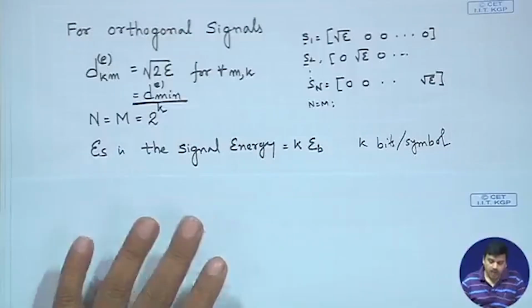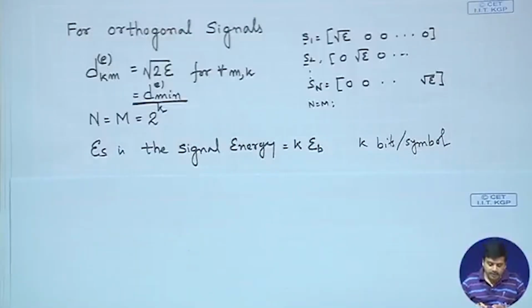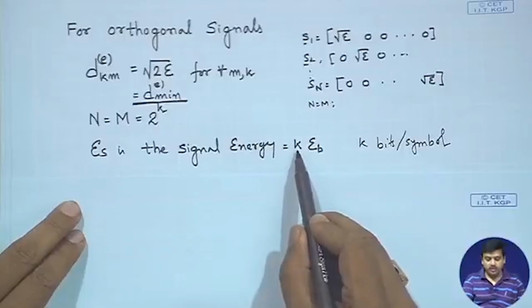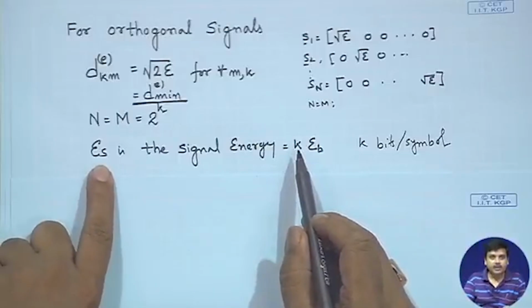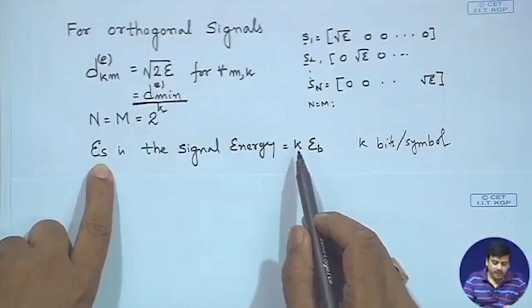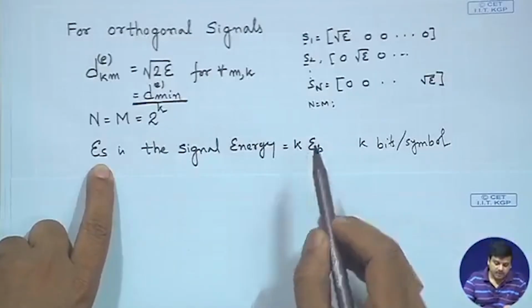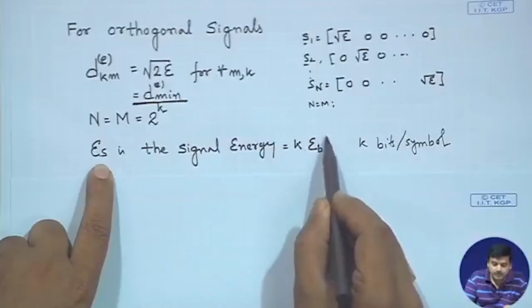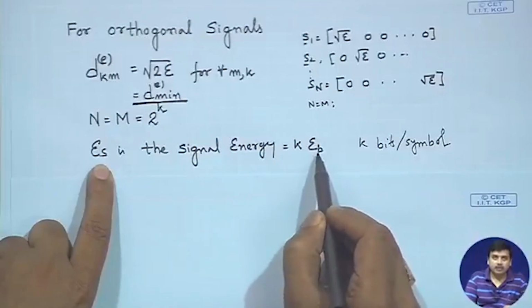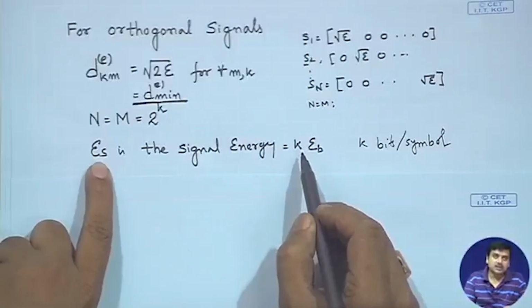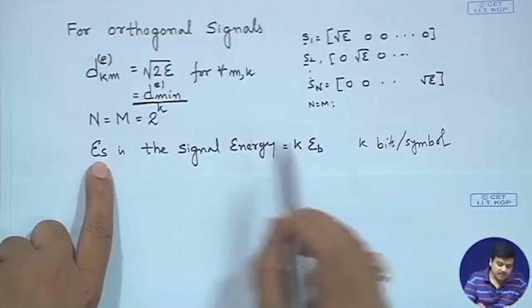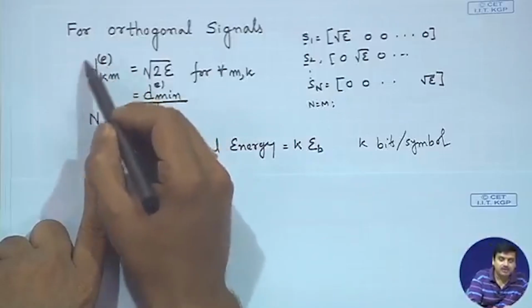Now some things could be a bit clearer, in the sense that as we increase k, we are actually increasing Es. If we keep Eb constant and increase k, we are increasing Es. If Es increases, that would mean d increases.